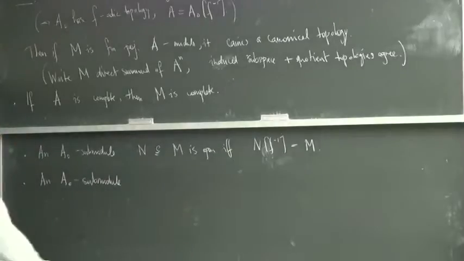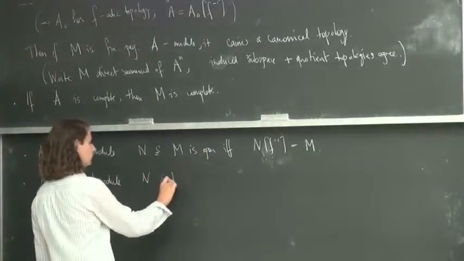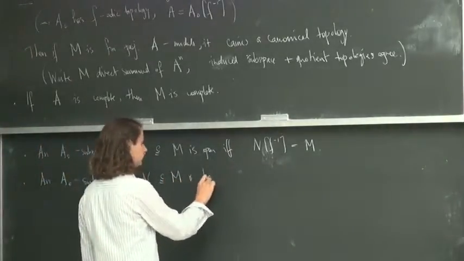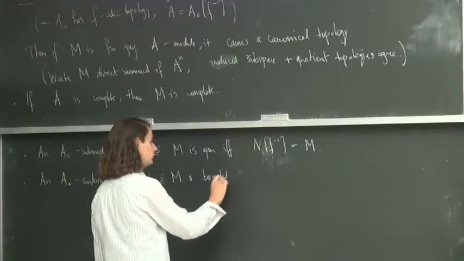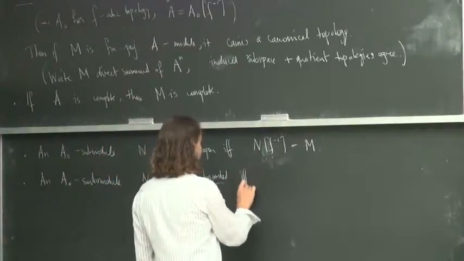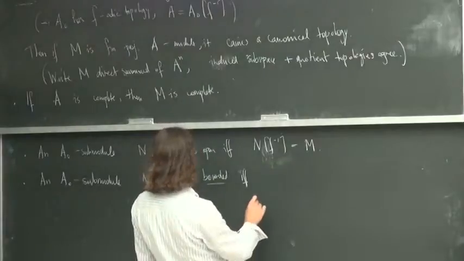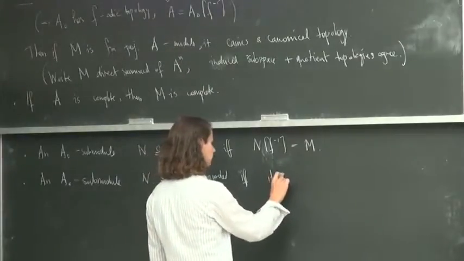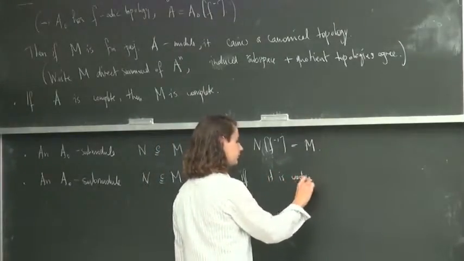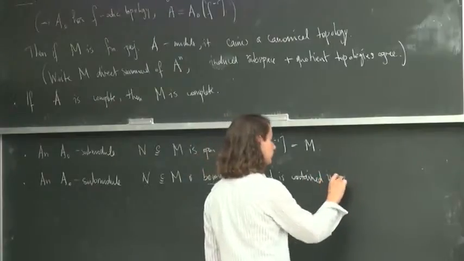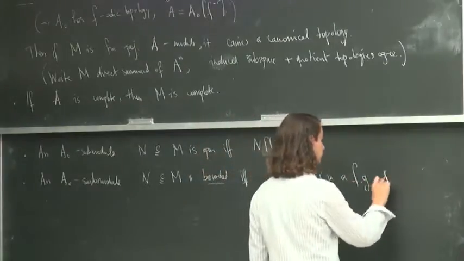And an A0 submodule N is bounded if and only if it is contained in a finitely generated A0 submodule.